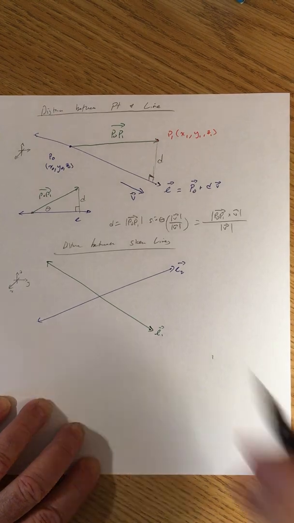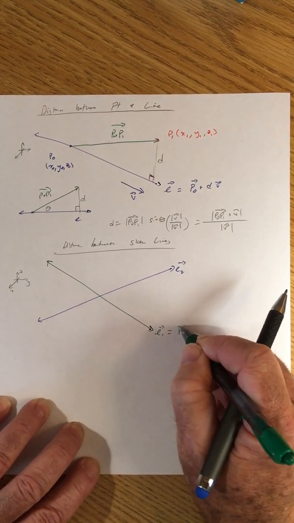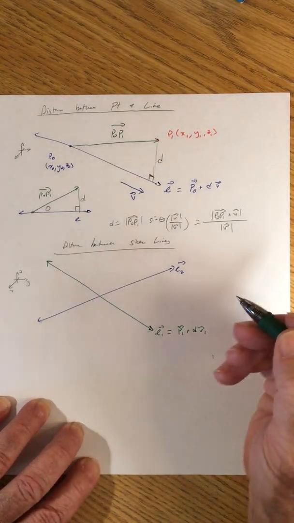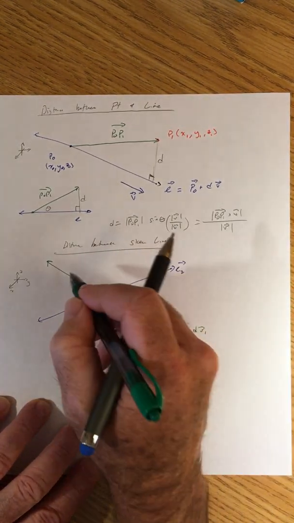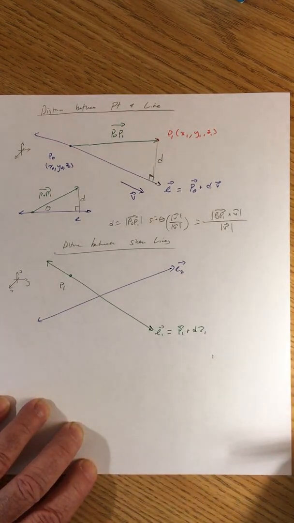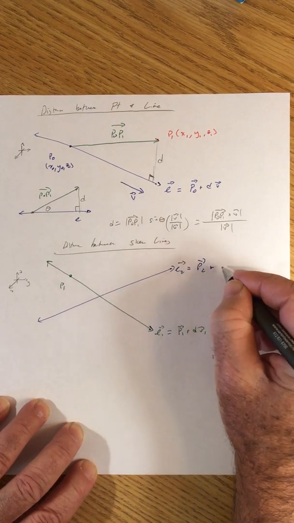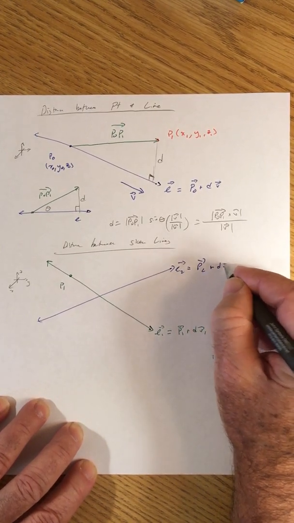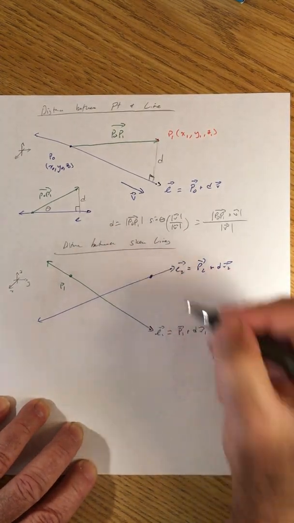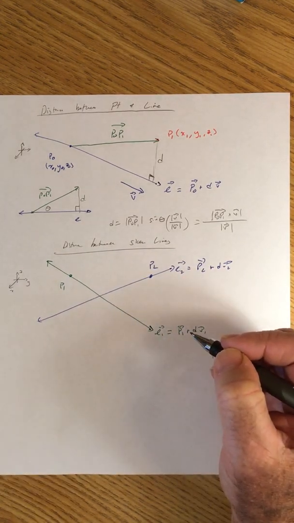Okay, and L1 is P1 plus dV1, and that would mean that we'd have to know a point, say P1, on that line, and L2 being P2 plus dV2, and we'd have to know a point on this line. Known coordinates. All right.